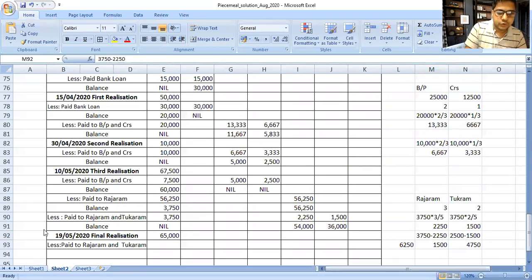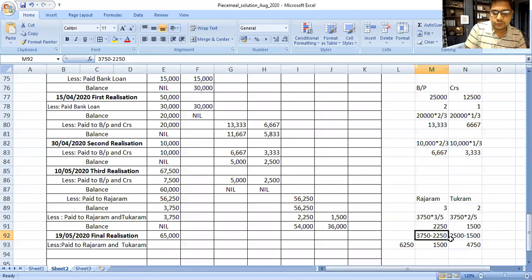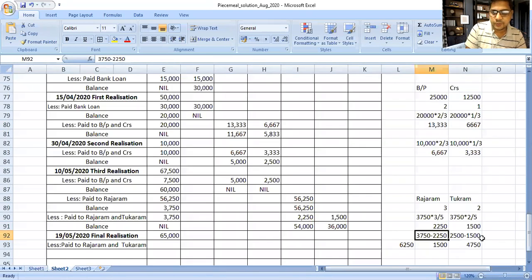Here, total cash we want to pay Rajaram 3750 and we paid only 2250. And Tukaram's how much cash? 2500 and we paid only 1500. The rest of the value, it is only 1000. Yes, we have to pay only 1000.